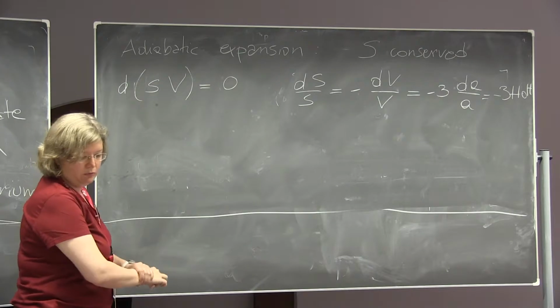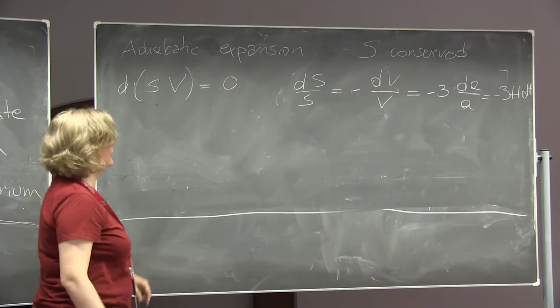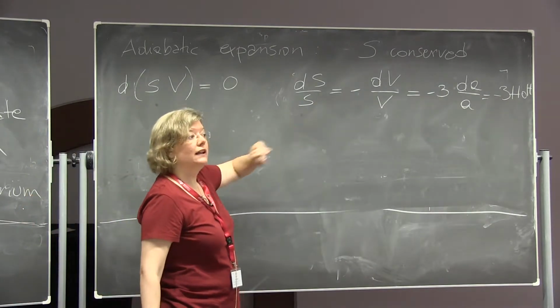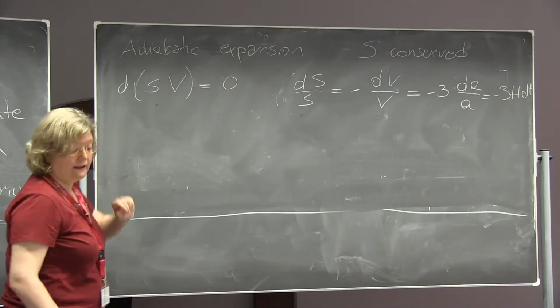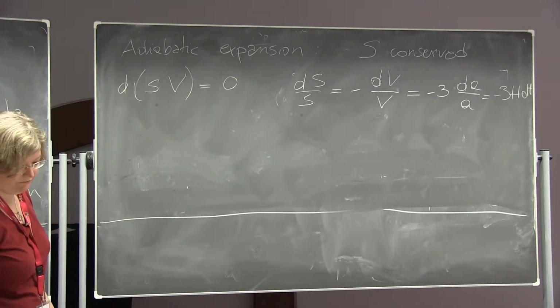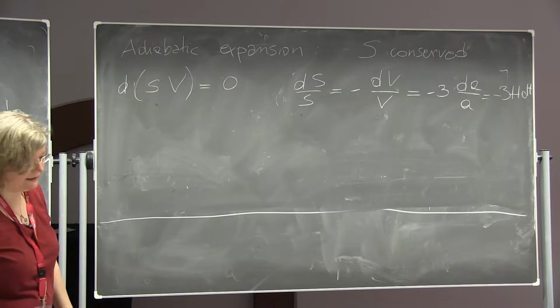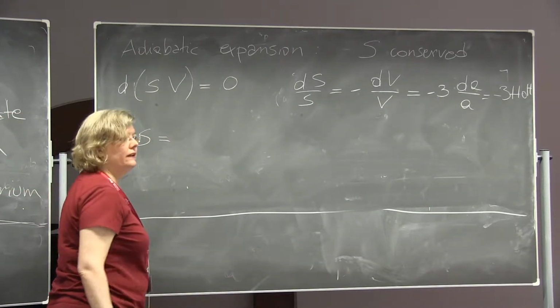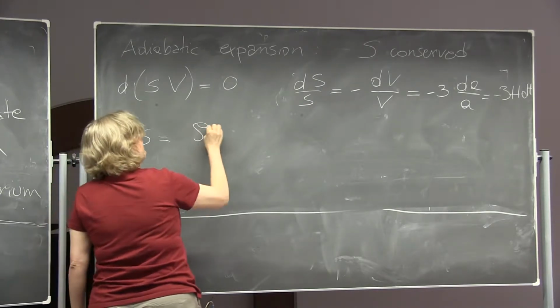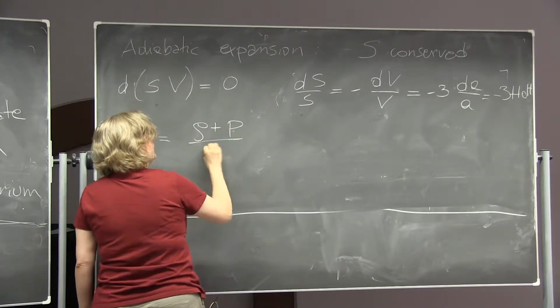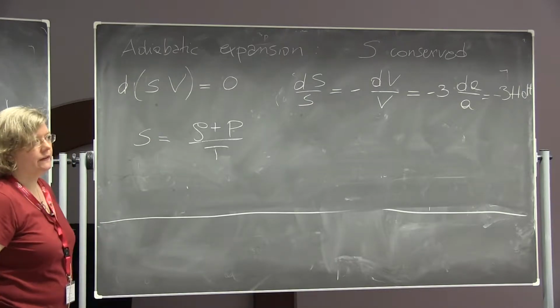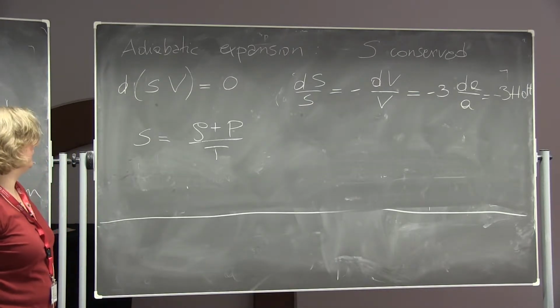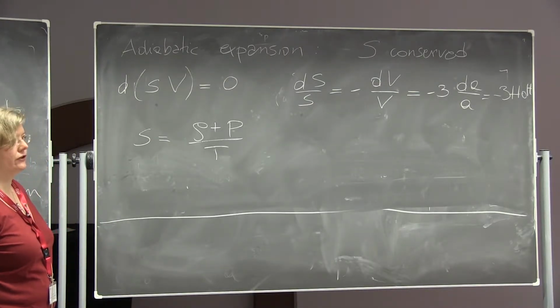Now, of course, we would like to relate the entropy to the temperature. So how does the entropy depend on the temperature? For that, we have to go back to thermodynamics. In thermodynamics, we know that the entropy density is the energy density plus the pressure, divided by the temperature. This is one relation you can obtain from the thermodynamic relations.